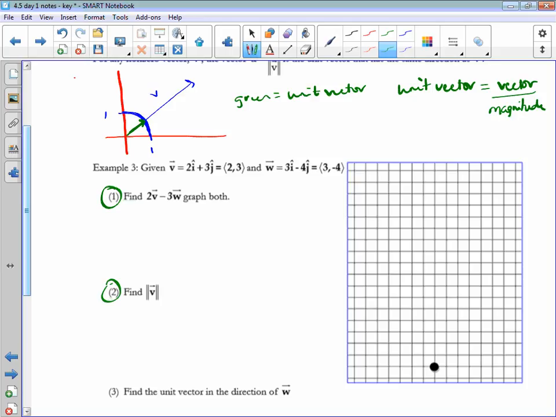That's where we're going to start graphing from. So just hold on to the graphing. Guys, just do the algebraic part, because we're going to graph it a couple of ways.